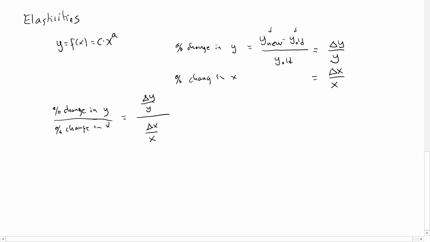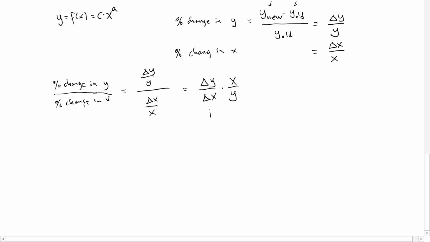So if y increases by, say, 4% and x increases by 2%, then this number would be 2. The increase in y is twice the increase in x if we measure it in percentage. Now we can simplify this expression and write it as delta y over delta x times x over y.